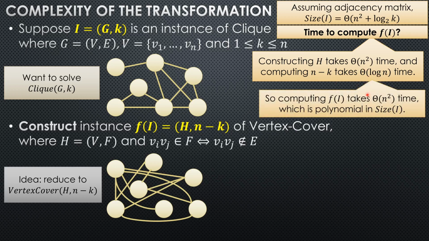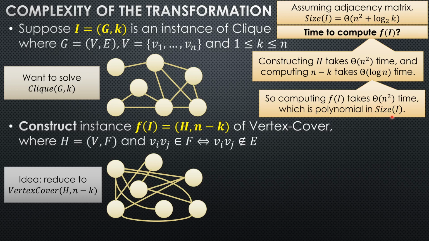Okay, so computing f of I, by the way, this log n term will be absorbed into the dominating n squared term, right? So computing f of I takes order n squared time in total, and that's polynomial in the size of I, because the size of I is theta of n squared plus log k, which is bigger than some constant times n squared. So clearly this is polynomial in the size of the input.